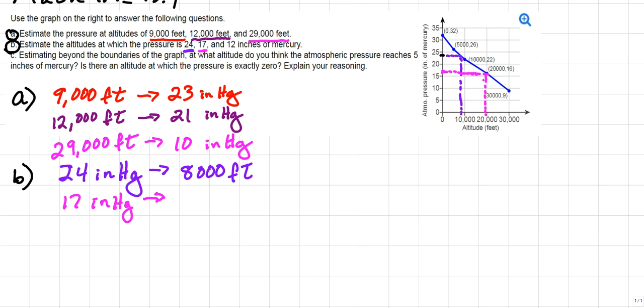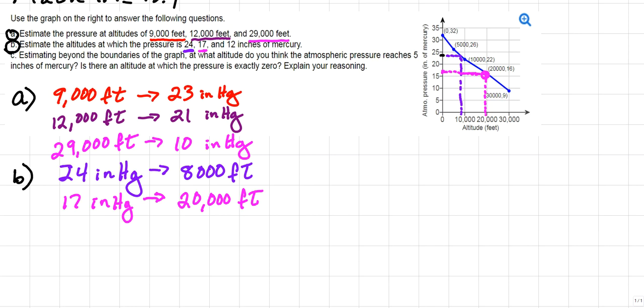You'll notice that the line I drew corresponds to the point 20,000, 16. So I'm going to indicate that it's 20,000 feet. And once again, it's an estimation, so something between 17,000 and 20,000 feet would work for this.